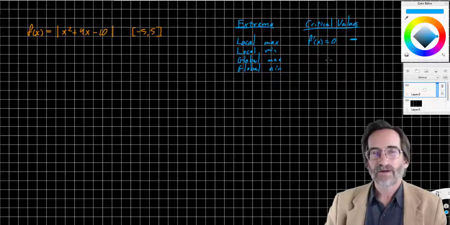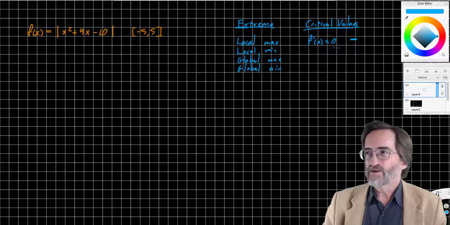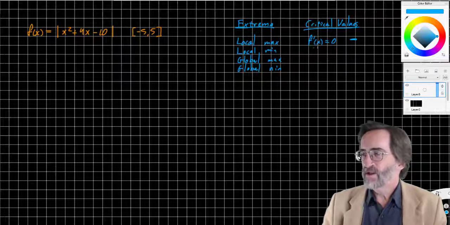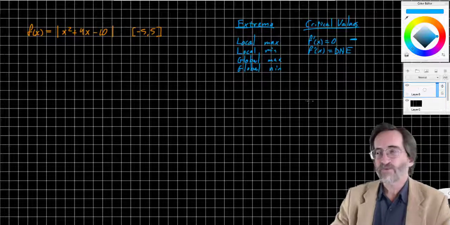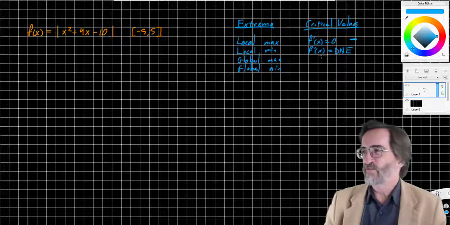It's flat. If the function is differentiable, that will be typical of a local or global minimum or maximum. Then there's also where the derivative does not exist, because those can also be critical values. They can be maximum or minimum.